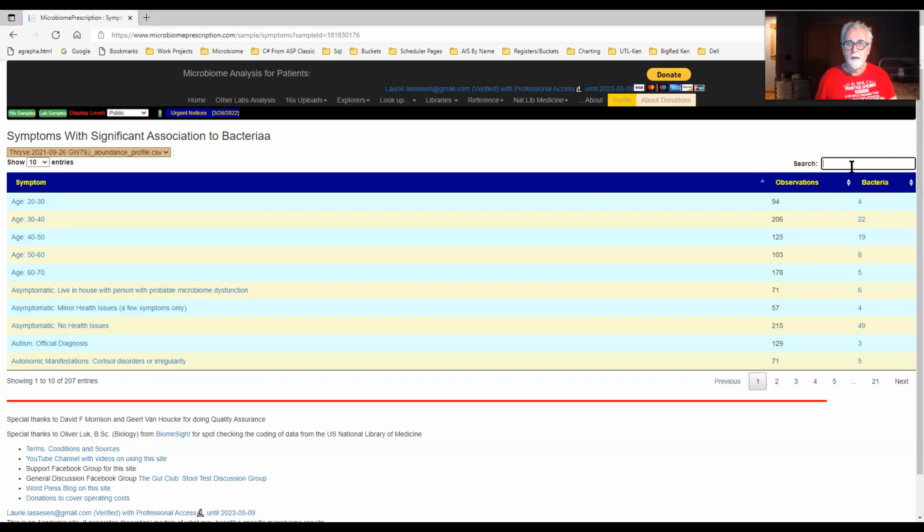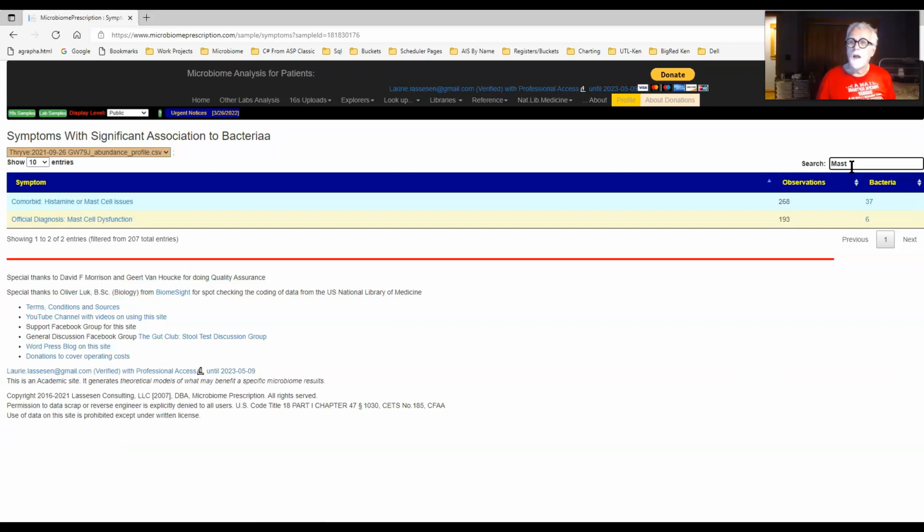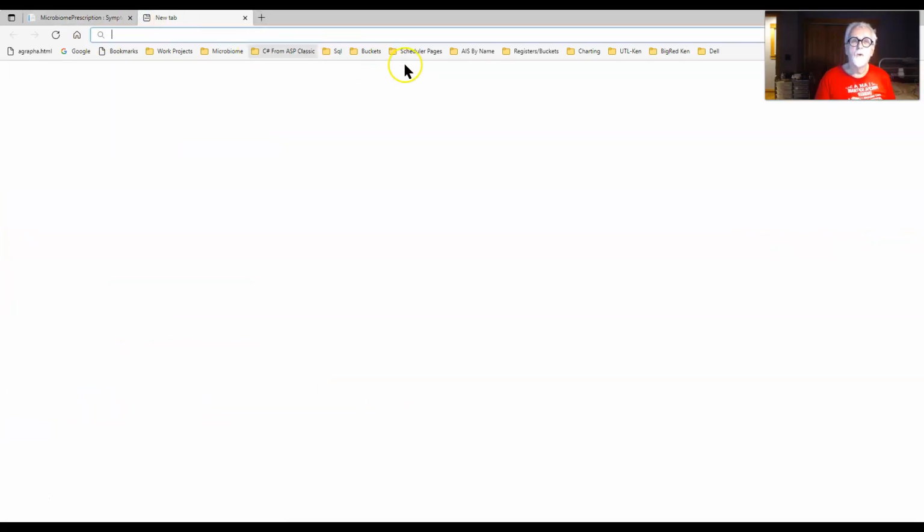So we have a list of 207 different symptoms. So I'm just going to focus in on mast cell, and what we do is we see that for mast cell we have 37 and 6 here, and what I'm going to do quickly is flip over and go back to the site.